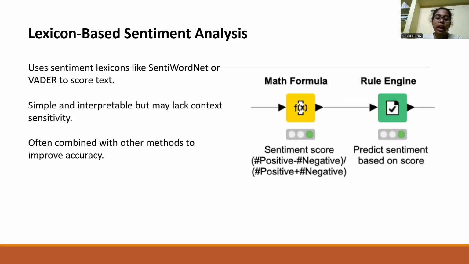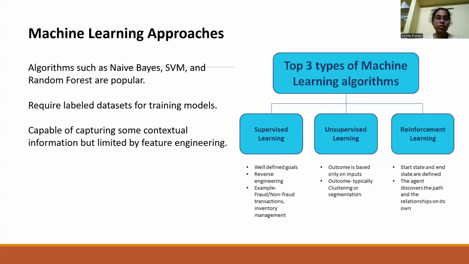In the math formula, we compute a sentiment score from positive to negative and predict the sentiment based on the score. The next one is machine learning approaches, with models like Naive Bayes, support vector machines, and random forest, which use labeled data to learn sentiment patterns.